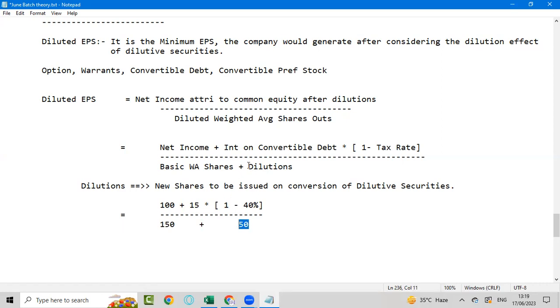What is this 50? New shares issued against dilutive securities. So 109 divided by 200, 0.545 is the diluted EPS. 0.545 is the minimum EPS the company would generate if dilutive securities are converted to common equity.